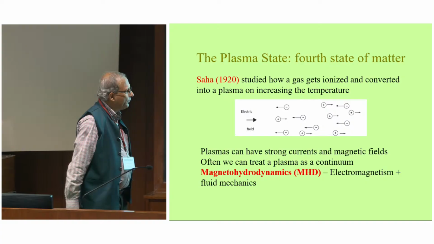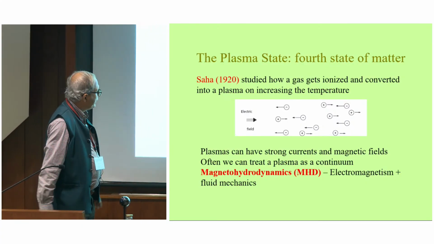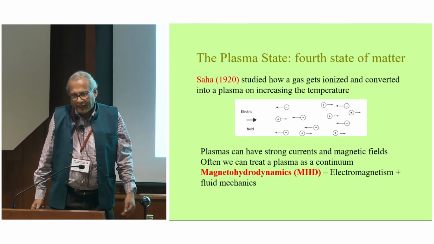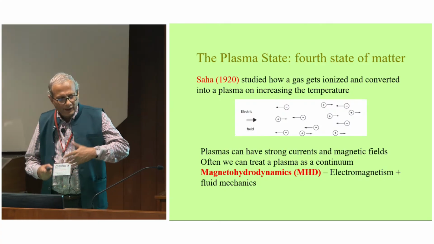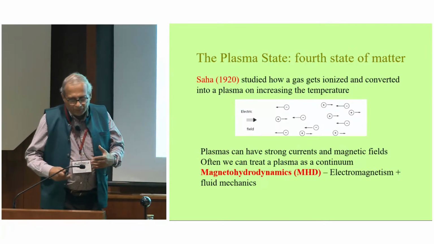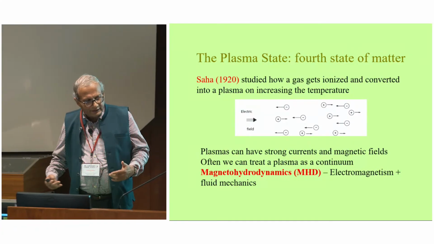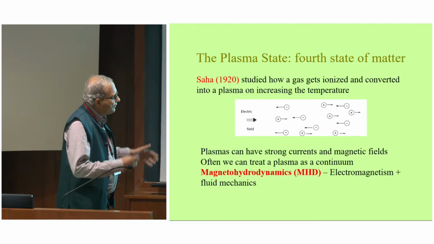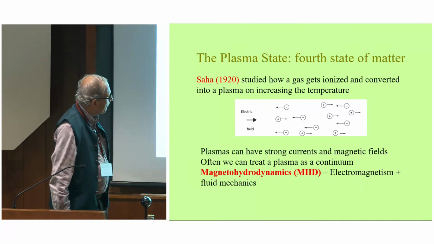And you all know that currents give rise to magnetic fields, and magnetic fields have Lorentz forces. So these forces act on the plasma. So it is very important to study this interaction between plasmas and magnetic fields.